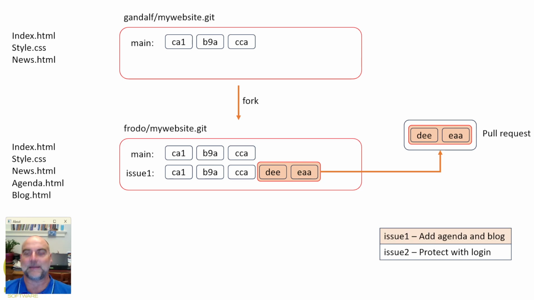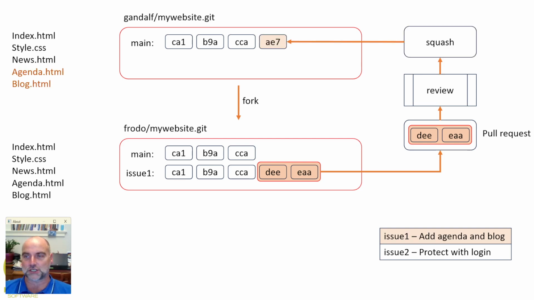So what typically happens then is a review. That can be running test cases, a peer review, code review, whatever. So there's a review process, and after the review has completed normally, you get a squash. That means that all your commits are squashed into one, or basically all the files that have been changed in all your commits are recommitted into one commit in the master repository.